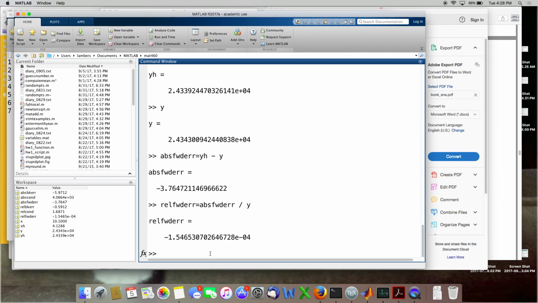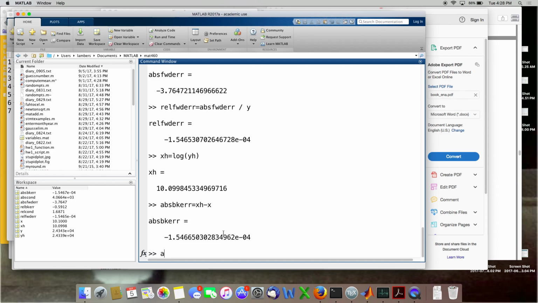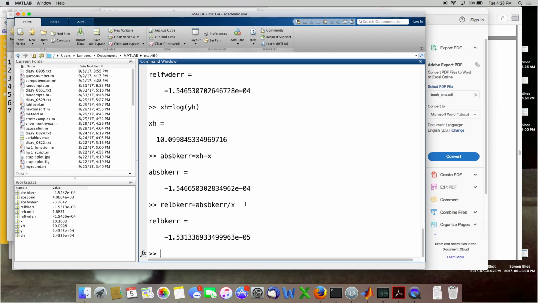And then if I do the same thing as before and figure out backward error, my approximation is the exact solution of a nearby problem where the perturbed x really is near, because it's very close to 10.1. So that's good. So now I can compute the backward errors, that are both quite small. And then I can compute condition numbers.